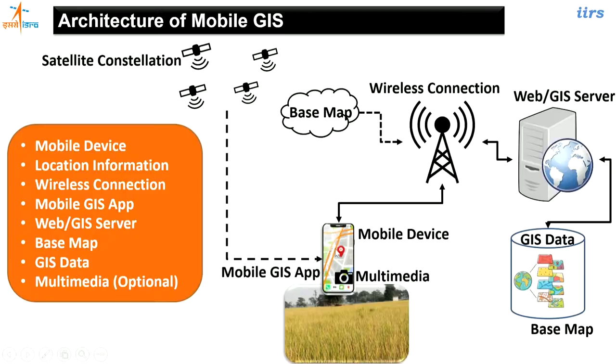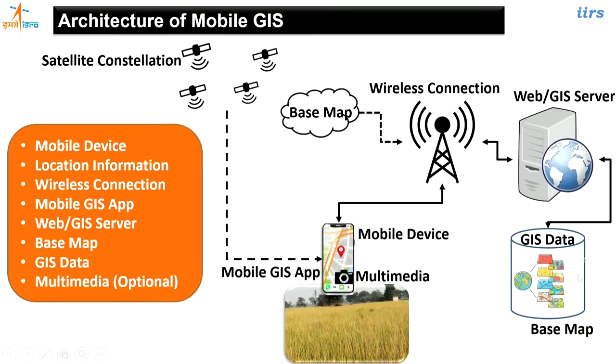Now this base map can either come from the cloud, because there are many companies or organizations which are hosting their base maps. They provide their URL also, or in API form, so that it can be directly built into this mobile GIS application. So I can get my base map from popular GIS vendors, or I can also host my base map in my GIS server.